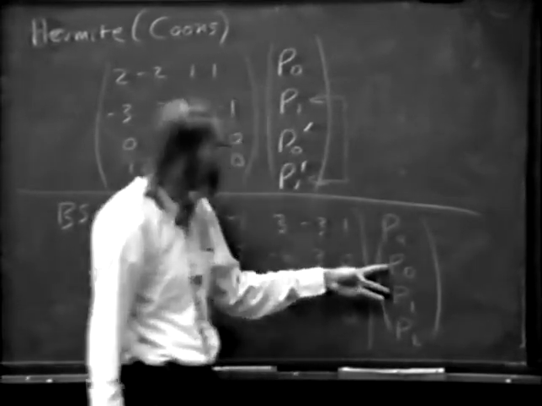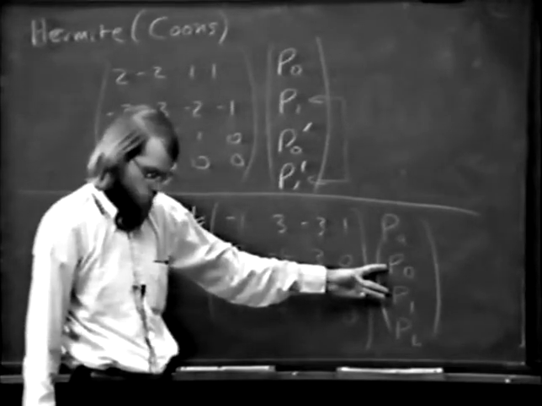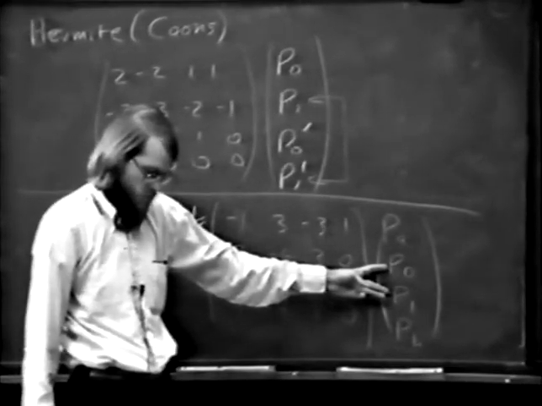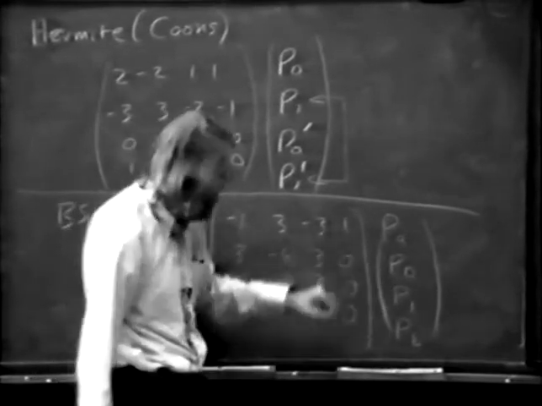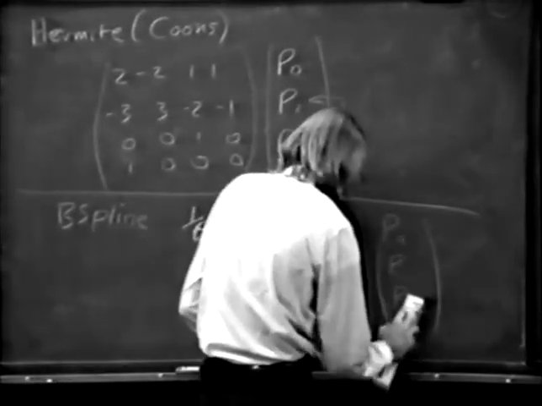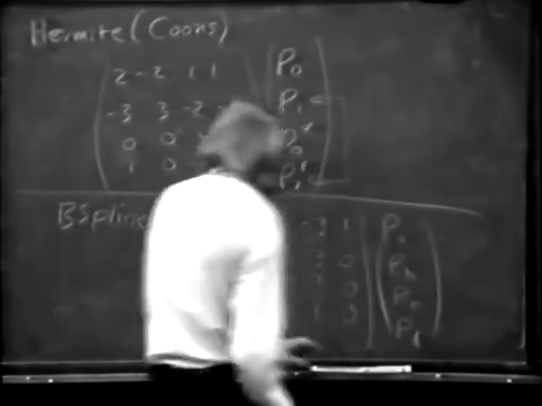P0 and P1 are, again, the value the thing wants to have at, well, strictly speaking, this is not true for B-splines. Maybe I better just label these a little bit differently. A, B, C, and D.